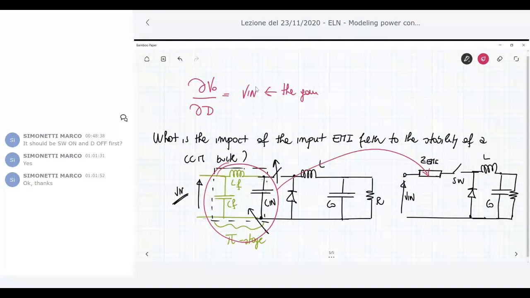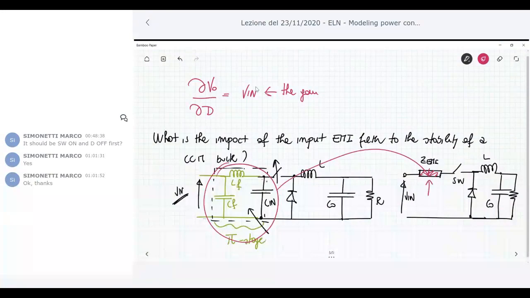So what is the impact of the presence of this impedance on our buck CCM? If you want to analyze the effects, sometimes this can be difficult, but in order to have just a first order approximation analysis, we can apply the switch averaging techniques to see what happens.